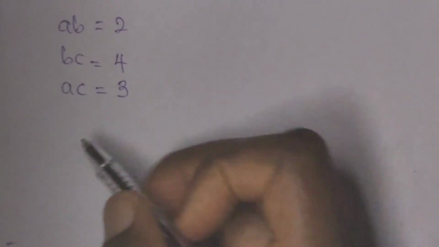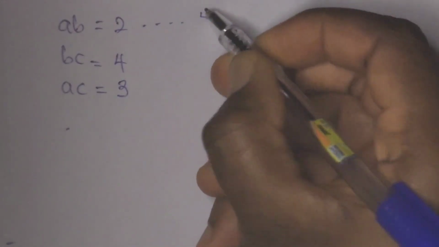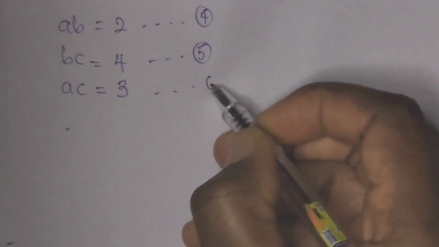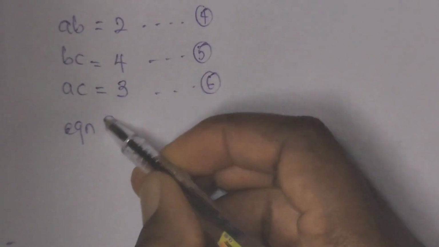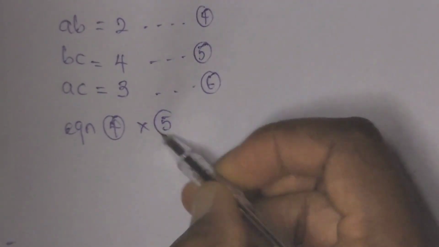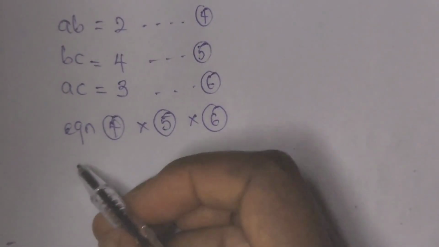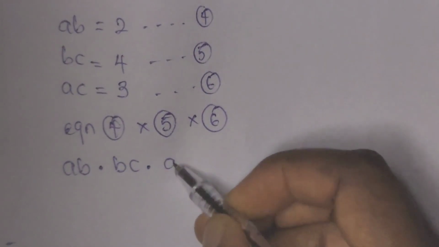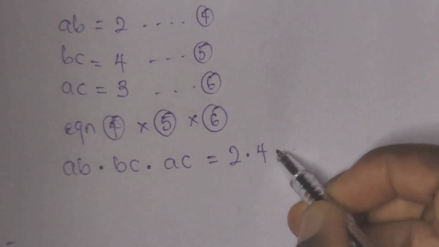So let's multiply through. Let's name this equation 4, equation 5, and equation 6. So multiplying equation 4 times equation 5 times equation 6, we'll have AB times BC times AC all equal to 2 times 4 times 3.